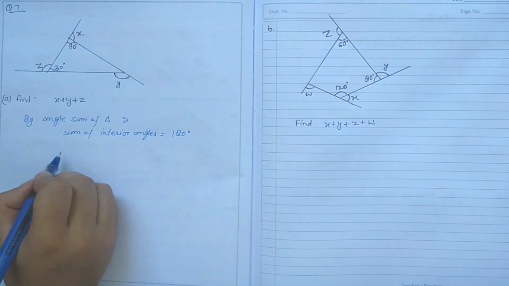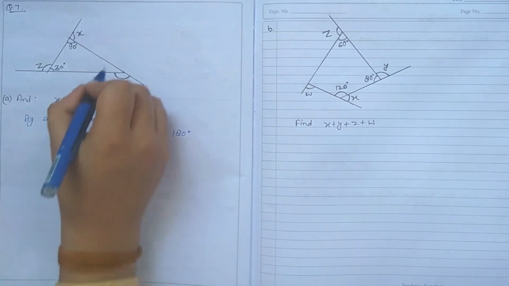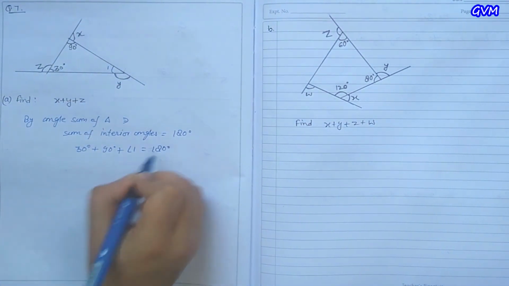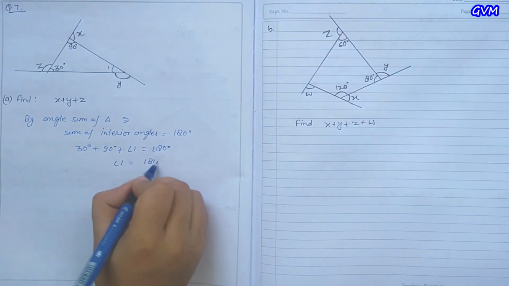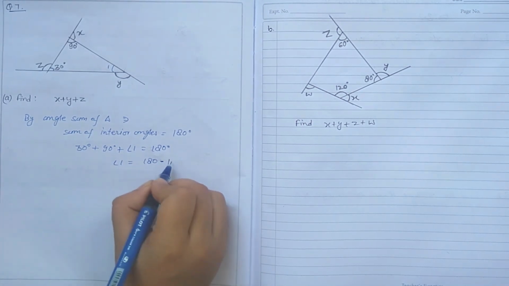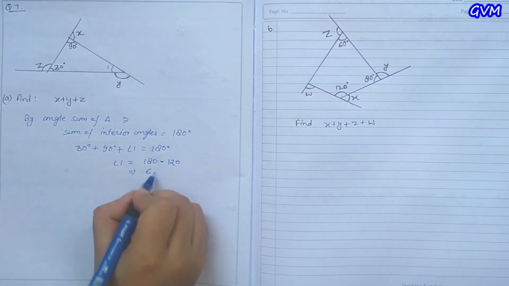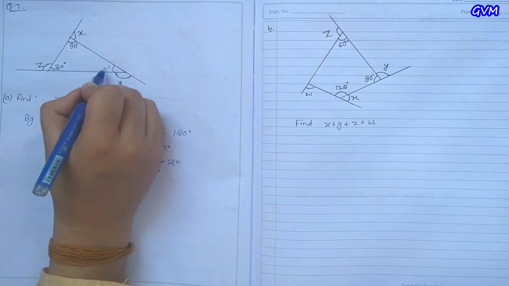That means 30 degrees plus 90 plus, let's say this angle is angle 1, equals 180 degrees. From here we can find angle 1, which is 180 minus (90 plus 30), which is 120. So 180 minus 120 is 60 degrees. So angle 1 we have is 60 degrees here.